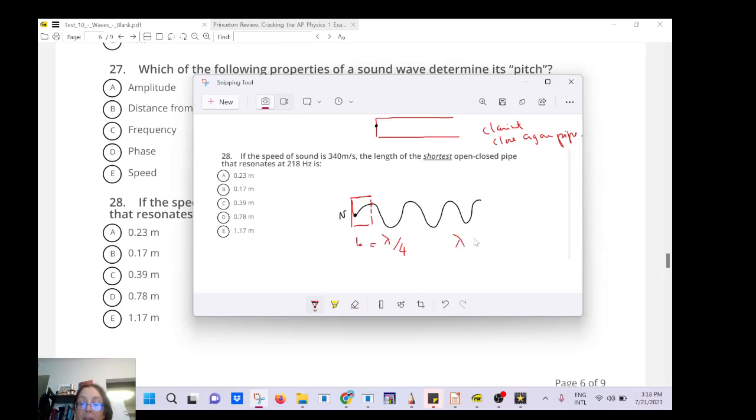So the wavelength is the speed, which is 340 divided by 218, which is 1.6 meters. Then you plug that into here. So the length of the pipe is 1.6 divided by 4, and you get 0.39 meters. Okay?